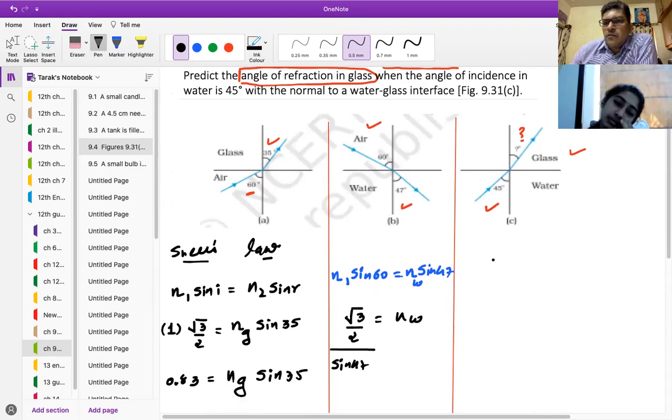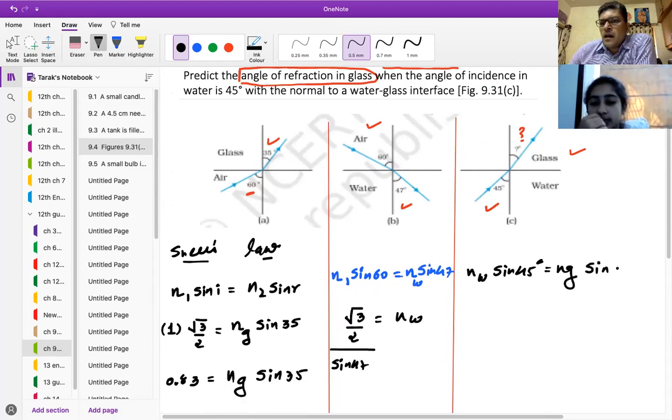But I first have to decide where it is starting its journey. It is starting from water to glass. So I'm putting n of water sine 45 equals n of glass sine r, which I don't know. So I first have to derive sine r as the subject of my expression.